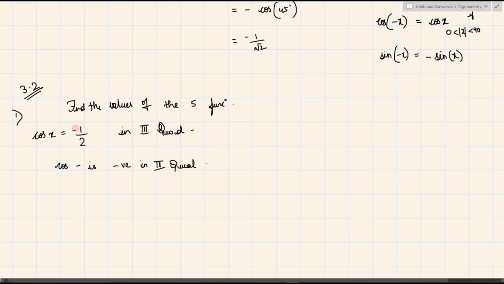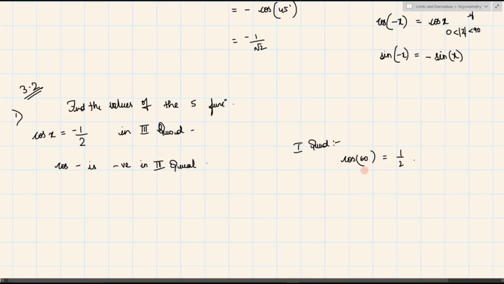So for what value will we be getting 1 by 2? That is nothing but cos of 60 degree in the first quadrant, which is 1 by 2.